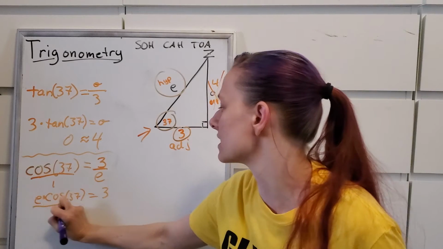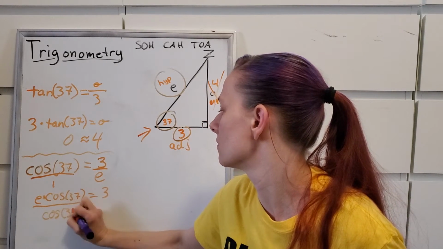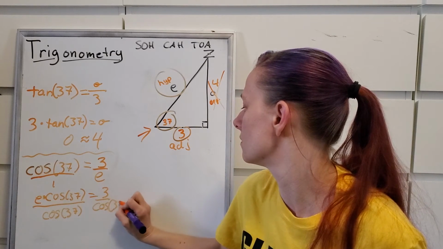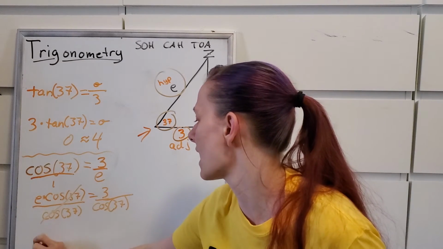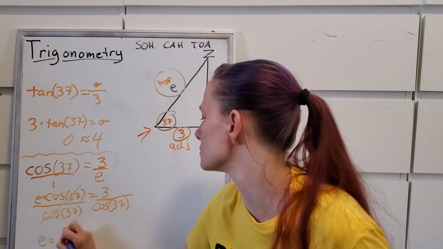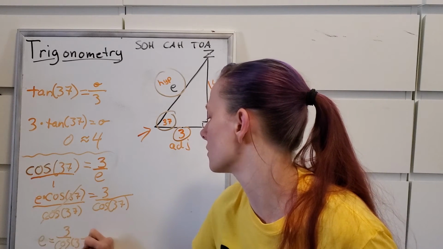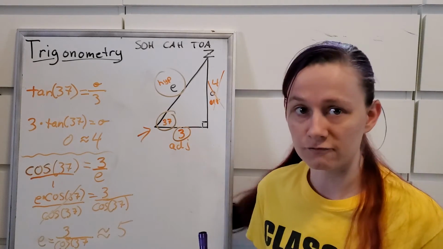Then I want to get E by itself, so I'm going to divide back, so that I have E equals 3 over the cosine of 37, which is about 5.